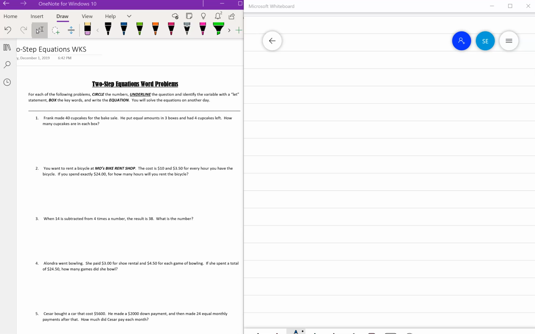So here's my paper on the left. Frank made 40 cupcakes for the bake sale. Okay, so important information is 40 cupcakes for the bake sale. And he put equal amounts in 3 boxes. So 3 boxes. And had 4 cupcakes left.